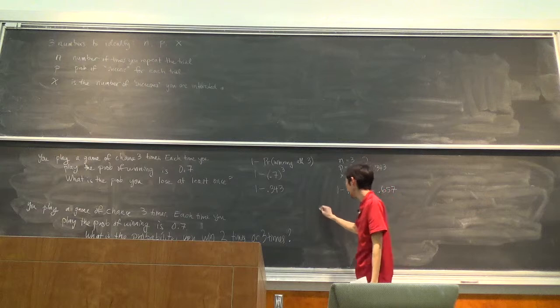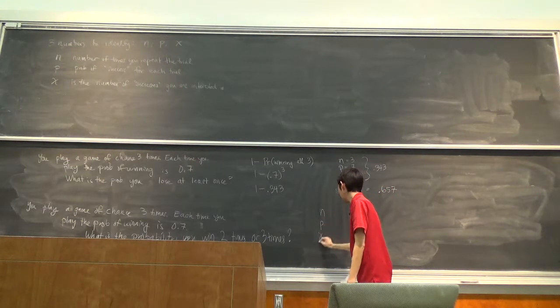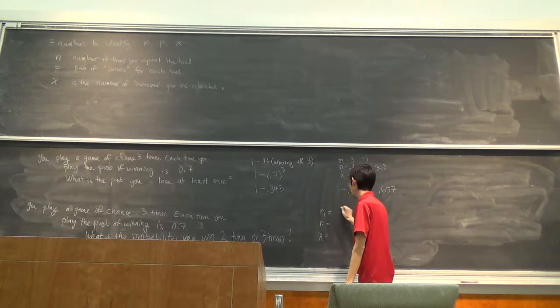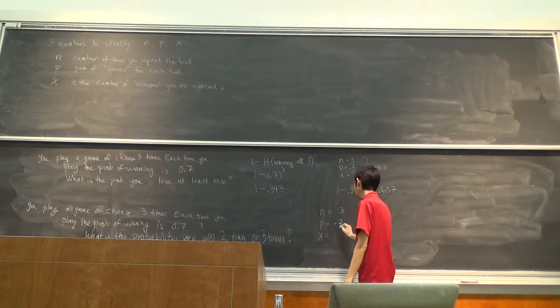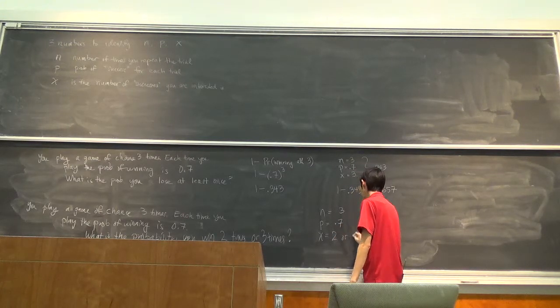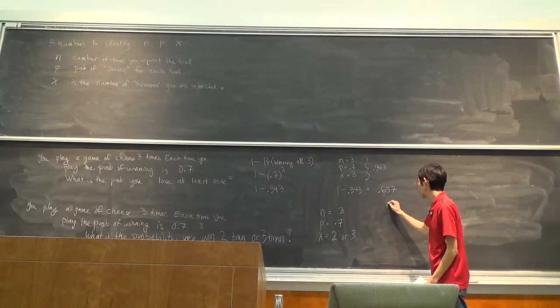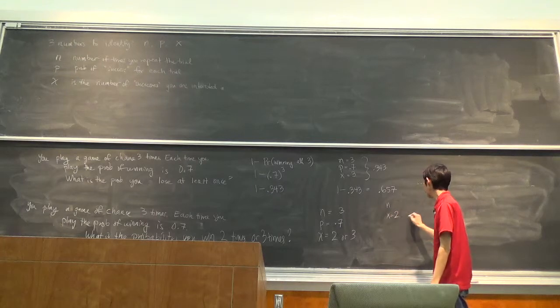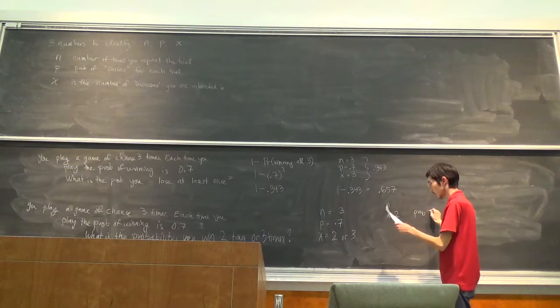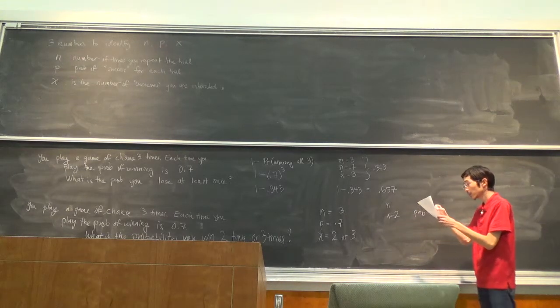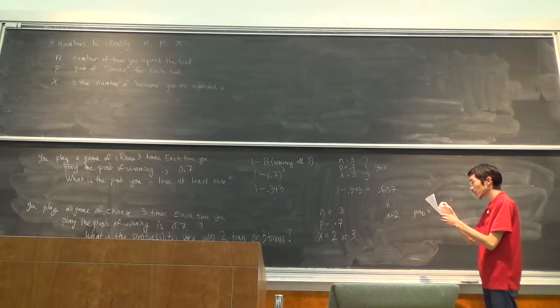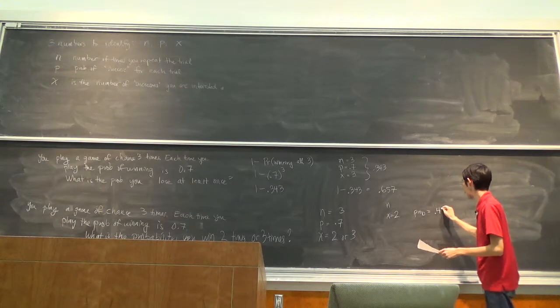So here we have NPX, but we have 2 x's. N is 3, P is 0.7, and x is 2 or 3. So I look up NPX for x equal to 2, the probability is 3, 2, 0.7, I get 0.441.